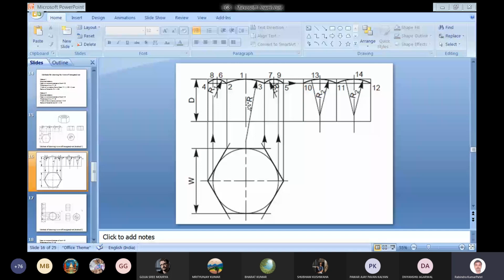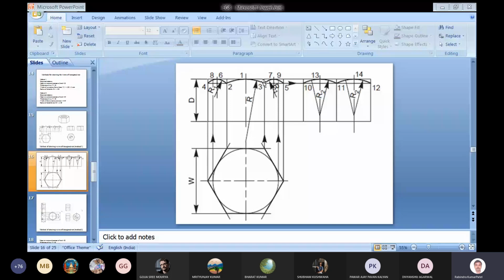Now we can draw this arc, and we get these 2 points. Once we have 2 and 3, we can find the center of these arcs, because we will have 3 points on the arc, then we can locate the center and draw this arc.